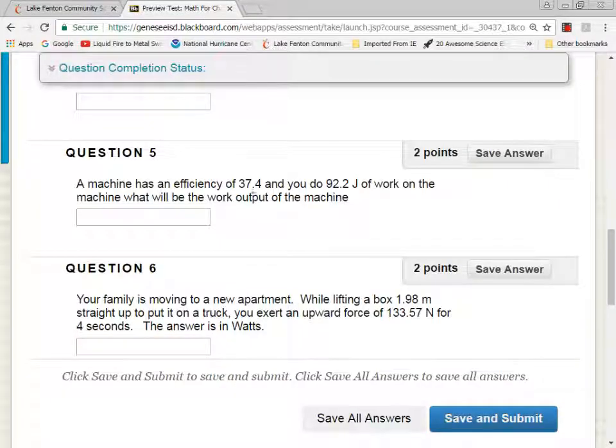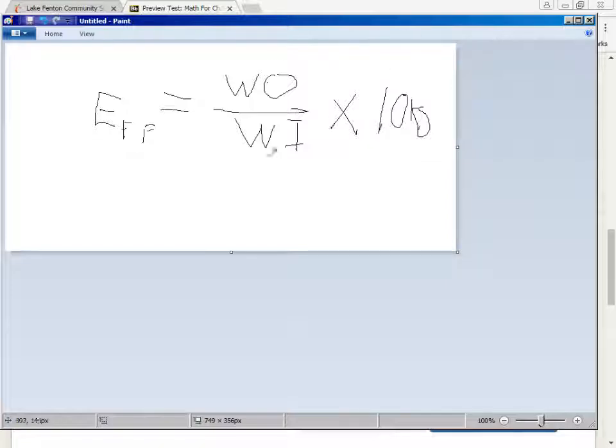And this is asking what will the work output be? Work output, it's the same as in the other question. You just multiply work input times efficiency equals work output.